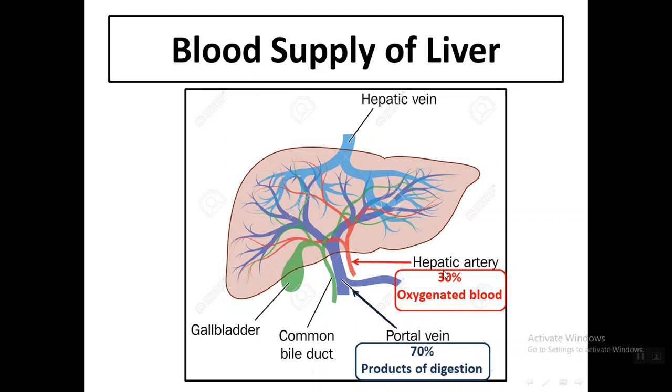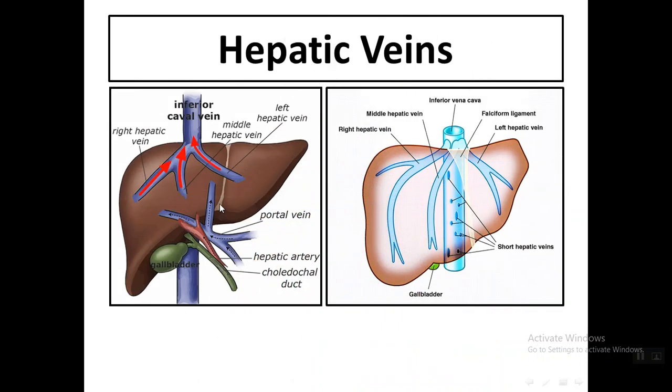The hepatic artery will give oxygenated blood to the liver, while the portal vein will give the blood that is loaded with the products of digestion after they are absorbed from the GI tract. All this blood, after it is processed in the liver, will be drained to the hepatic veins.